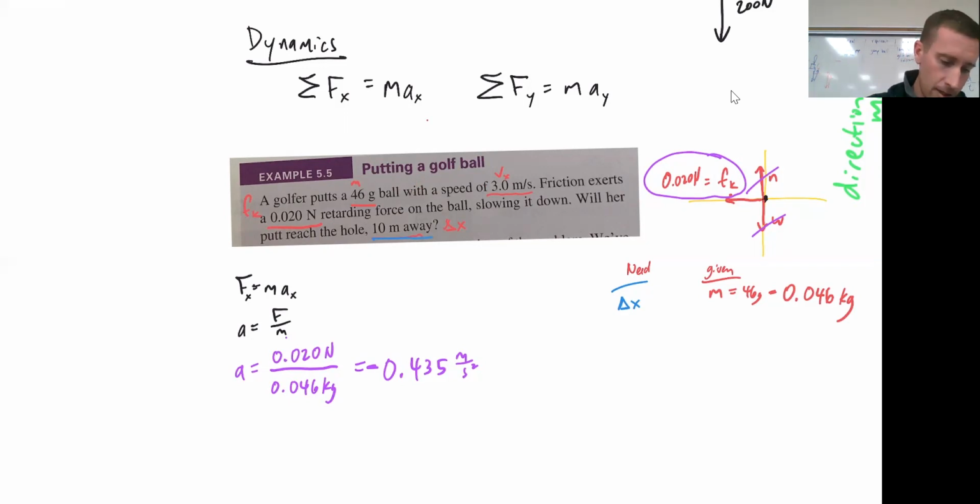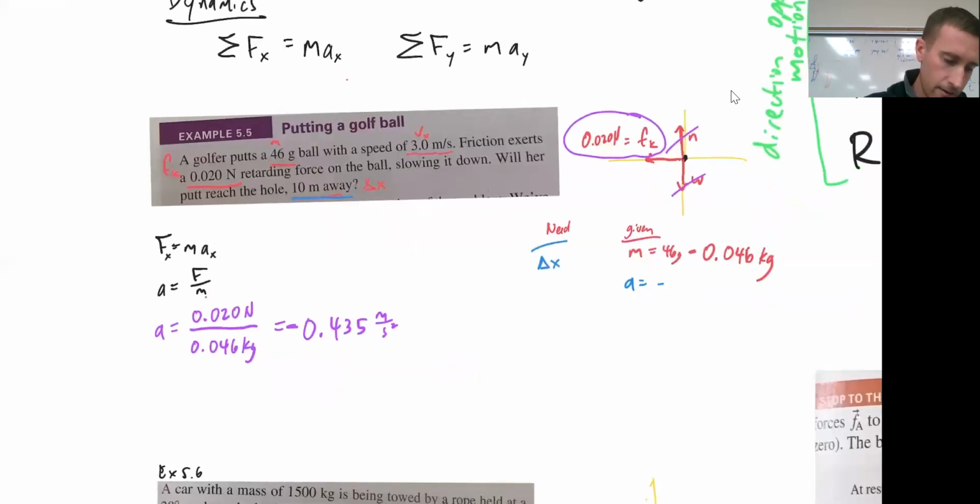I am now given an acceleration of negative 0.435 meters per second squared, and I'm given an initial speed, v sub 0 in the x direction, or v sub x0, I think I put them the wrong way, of 3.0 meters per second. And I know eventually it's going to come to a stop, right? I want to make sure that it goes in the hole and gets past 10 meters before it comes to that stop. So my final speed will be 0.